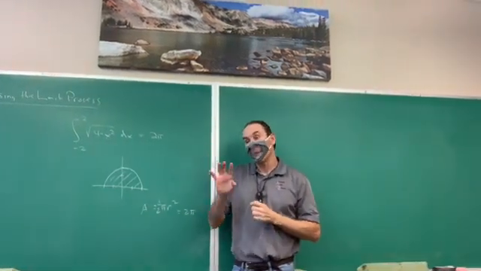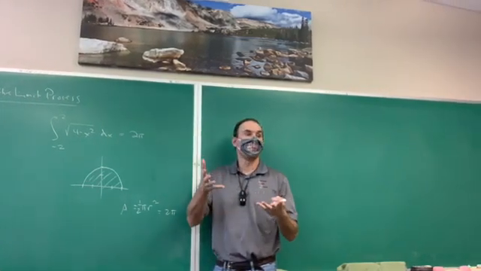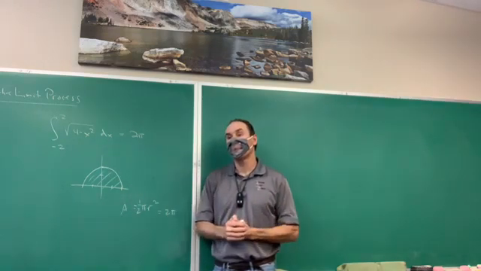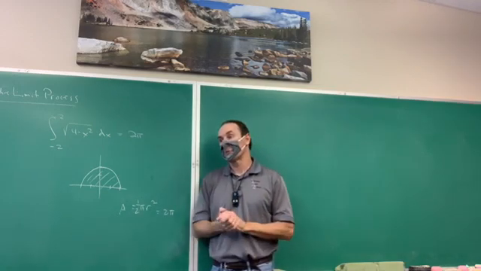So that's one way, but it's pretty limited in its application because it depends on you either being given a graph of a function that you can actually figure the area of, or an equation where you know what the area of that geometric shape is.